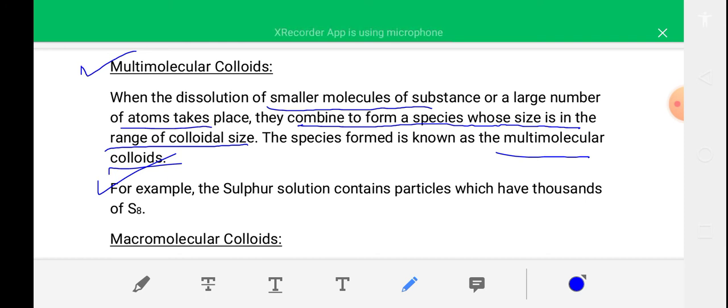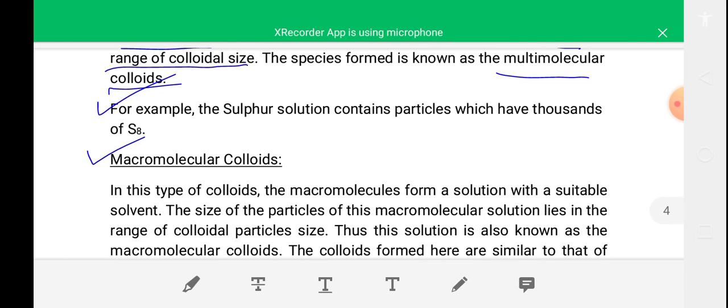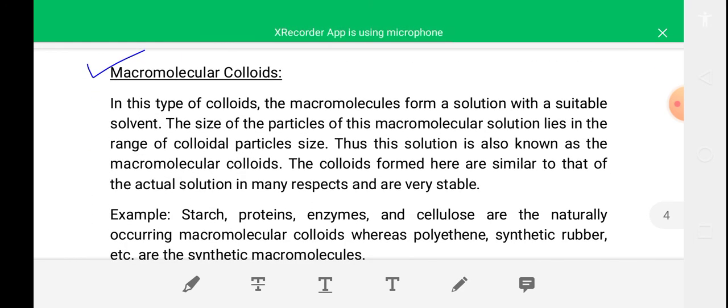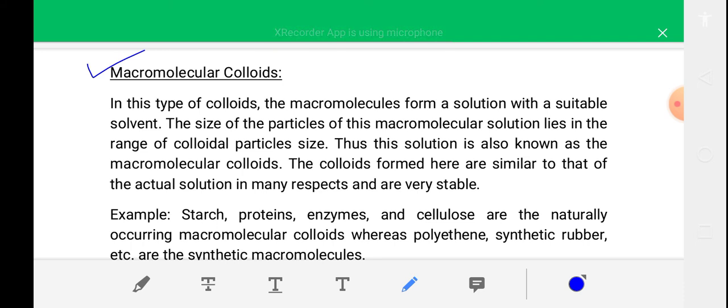Next, macro means large molecules. Macromolecular colloid: in this type, the macromolecules form a solution with a suitable solvent. The size of particles in this solution lies in the range of colloidal particle size, and thus the solution is known as a macromolecular colloid.